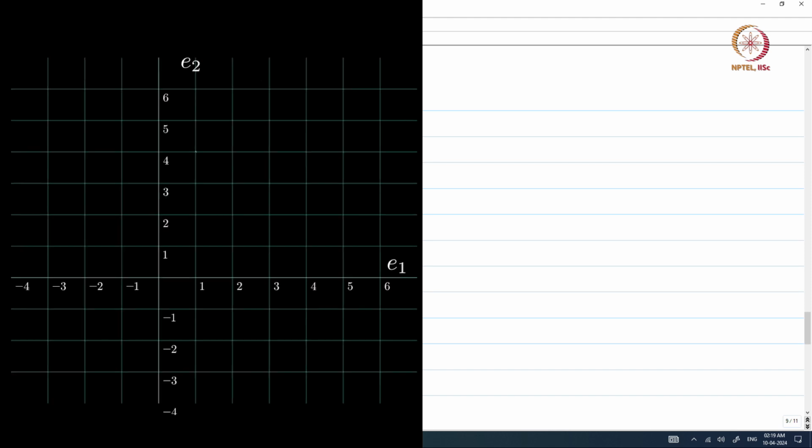So, what is interesting to see is the following. Thus we see that R is equal to the point P plus some k times V, where k is a scalar.